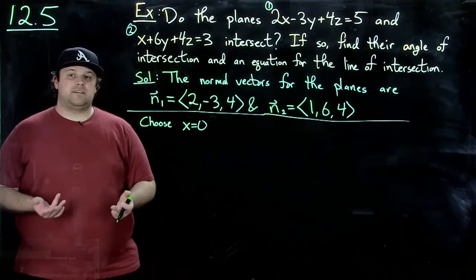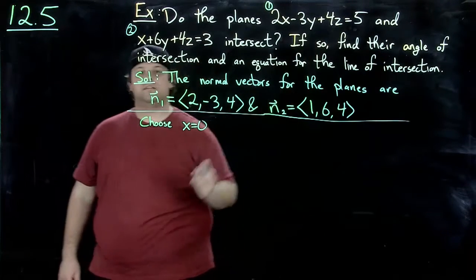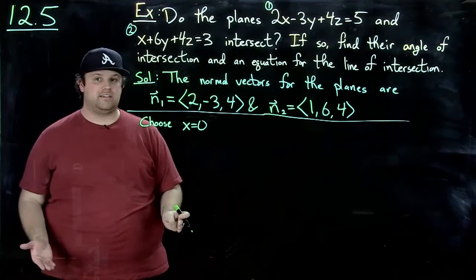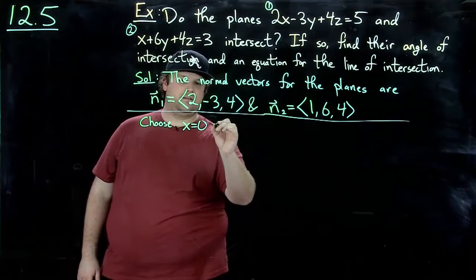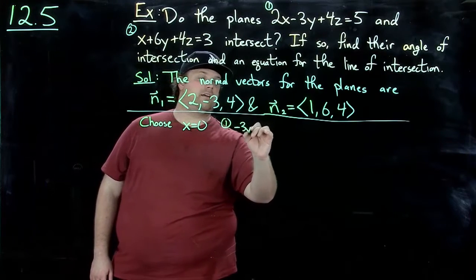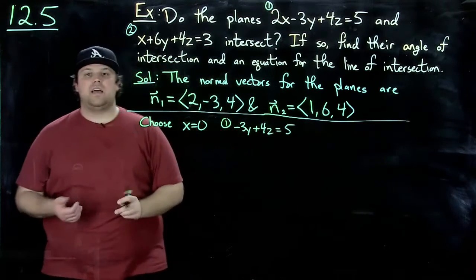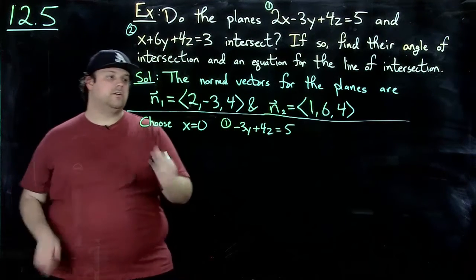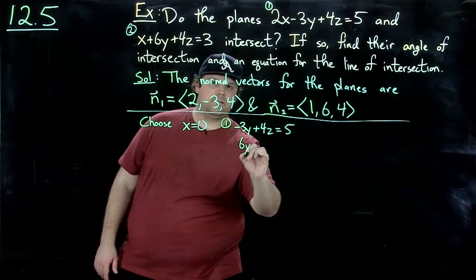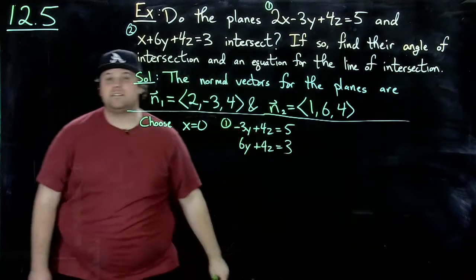So if we choose x equals 0, then that tells us that whatever y and z is on this first plane, it has to satisfy minus 3y plus 4z equals 5. And if we plug in x equals 0 to the second plane, we get that 6y plus 4z has to be 3.